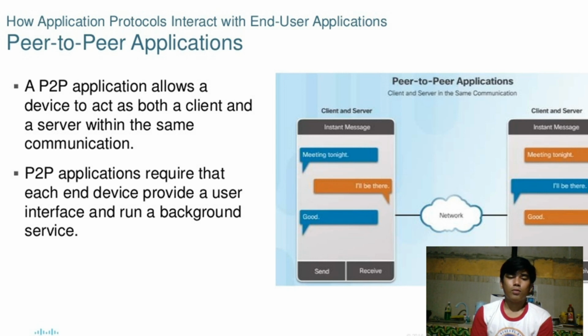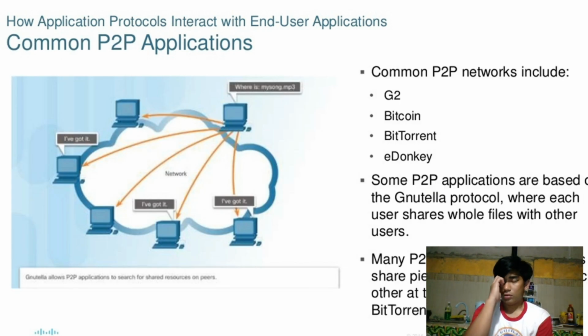A P2P application requires that each end device provide a user interface and run a background service. Common peer-to-peer networks include G2, Bitcoin, BitTorrent, and eDonkey. Some peer-to-peer applications are based on the Gnutella protocol, where each user shares whole files with other users. Many peer-to-peer applications allow users to share pieces of many files with each other at the same time. This is the BitTorrent technology.